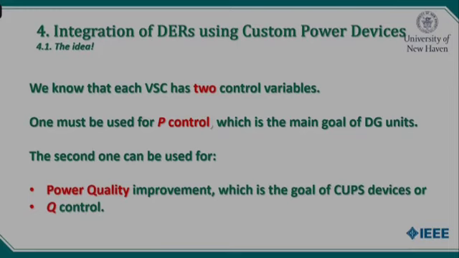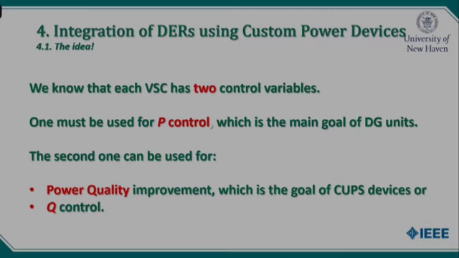But what about the voltage source converter? We know that voltage source converters have two control variables. As is well known in control theory, if you have two control variables, you can control two parameters.